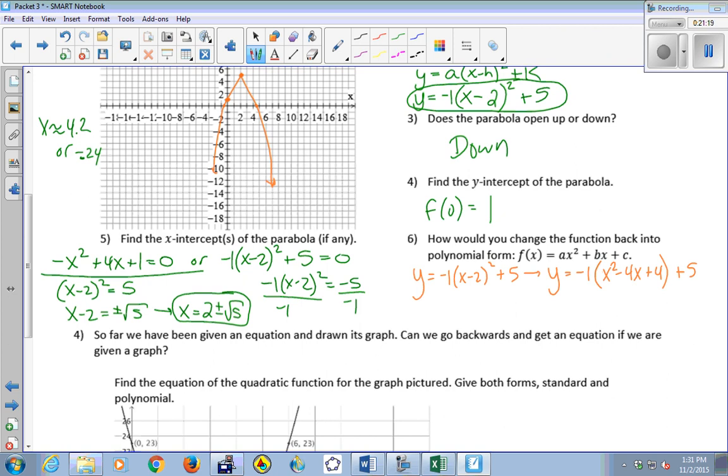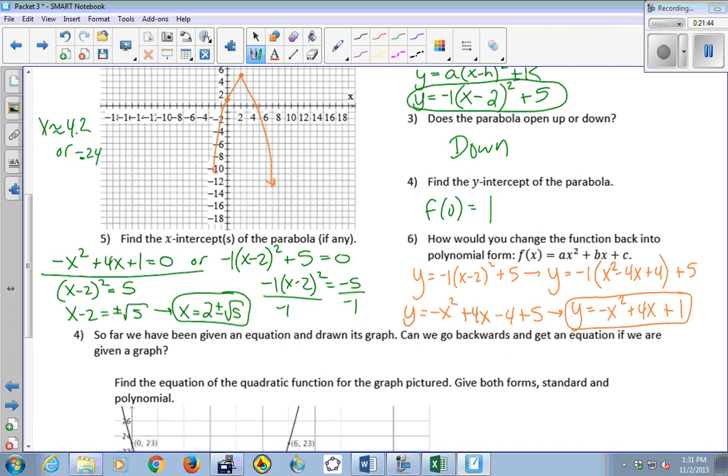Then distribute your -1, so you have y equals -x squared plus 4x minus 4, and still have the plus 5. Then just combine your like terms at the end there. The -4 and the plus 5, and you get y equals -x squared plus 4x plus 1.